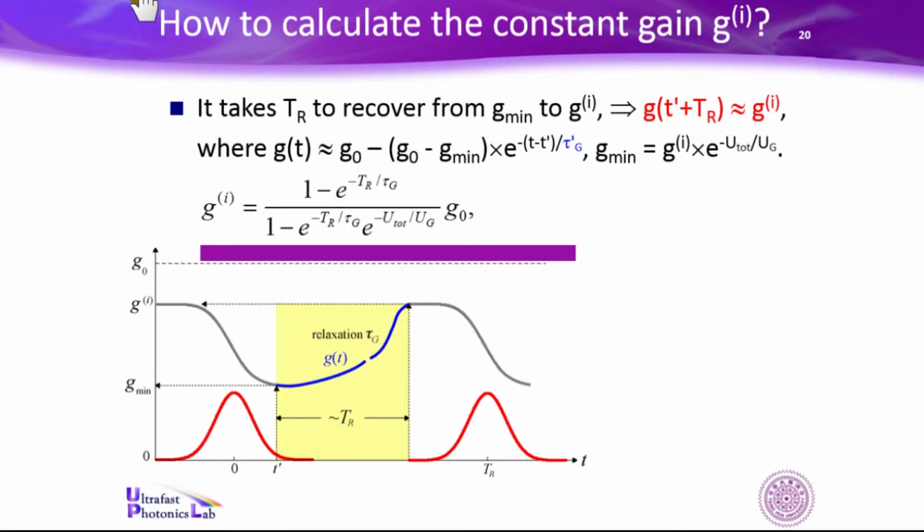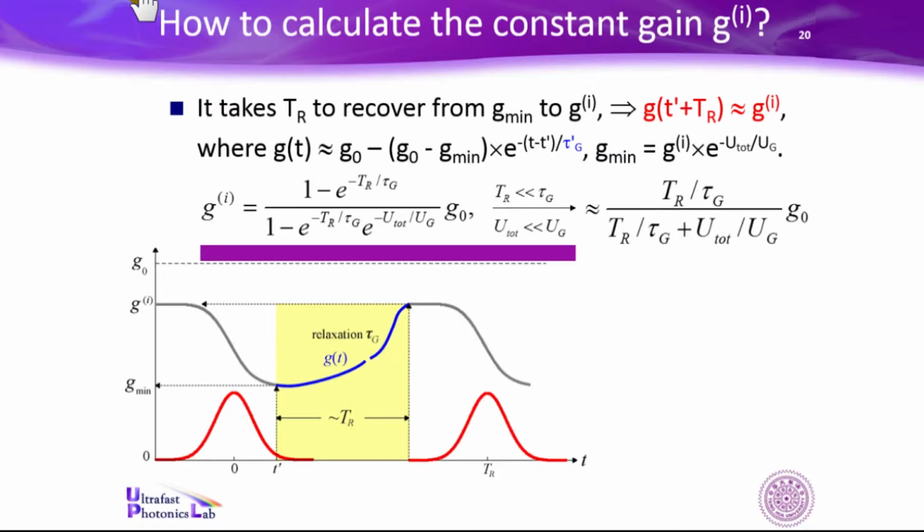Okay? So what assumptions could we use? The repetition period is much shorter than the gain recovery time constant, and the total pulse energy is much smaller than the saturation energy. Okay? If you use them, what happens? 1 minus e to the minus TR over tau g, since TR is much smaller than tau g, you can say this is close to e to the 0, which is 1.